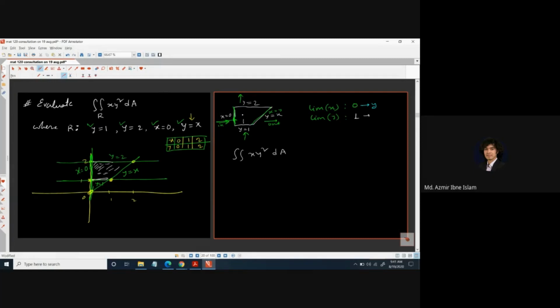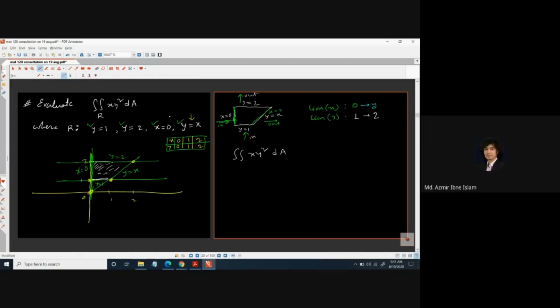And then in this direction, we will get y equal to 2. So this is how we find the y limit, in of y, out of y. That means 1 to 2. Is that okay? Okay, sir.